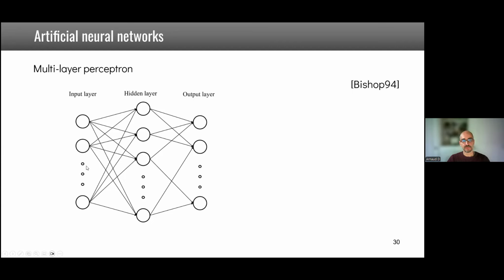So the input, for example, would be my temperature measurement, okay? And my output would be my damage indicator. So I want to fit between the temperature and what should be my damage indicator at that point, okay? And for that, I'm using a hidden layer. Why? Because all these input values, if you have several ones, will combine at each neuron.